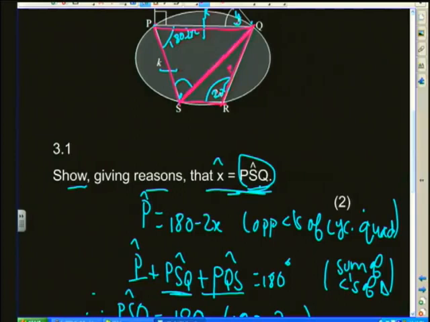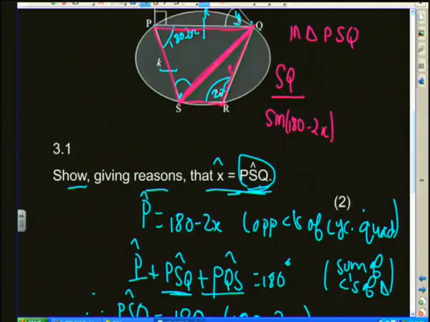So if I want to work out side SQ, I'm going to do it along here. So in triangle PSQ, I can say that SQ over sine of 180 minus 2x, I'm using the sine rule. So SQ over sine 180 minus 2x is going to be equal to PQ over sine of x. We've just proved that that angle is x.